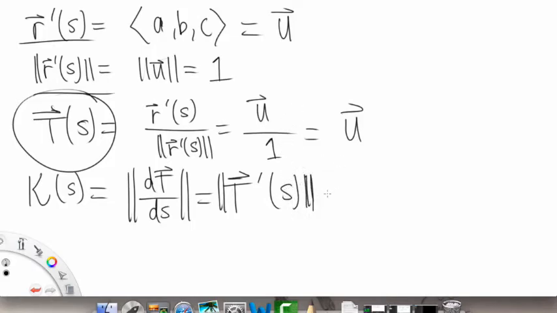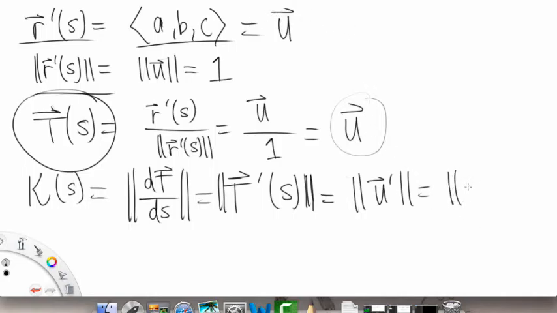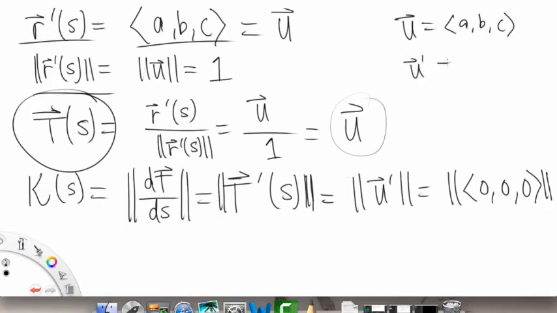Okay, so if we take the magnitude of that, first of all we have to differentiate u, okay, so this is the derivative of u, and u is actually just a direction vector. So a, b, and c are all constants. So when we do that, we're just going to get the magnitude of 0, 0, 0, because a, b, c are all constants, so when you differentiate them, they all turn into zeros. Okay, so that's where I got that from.